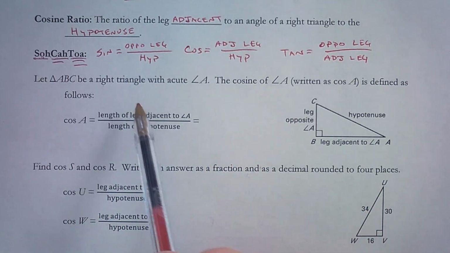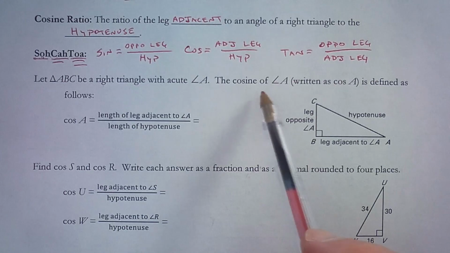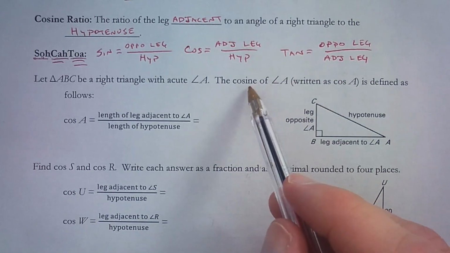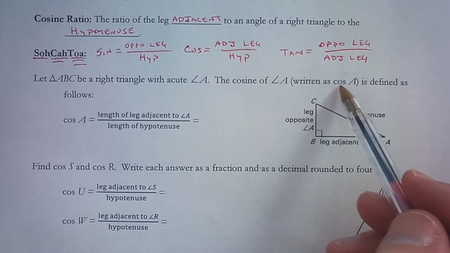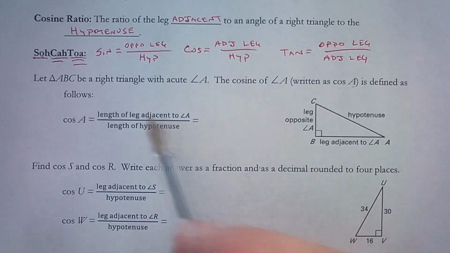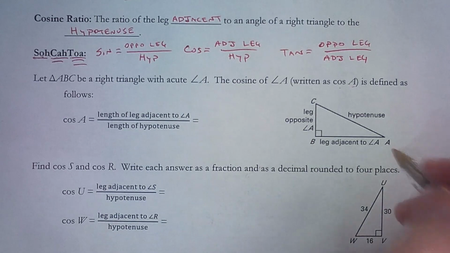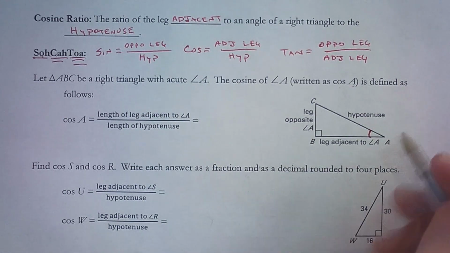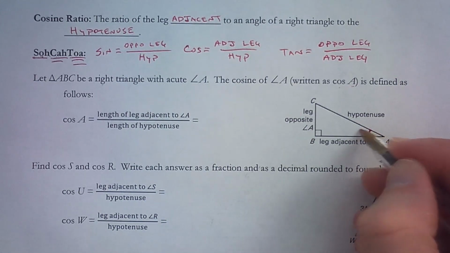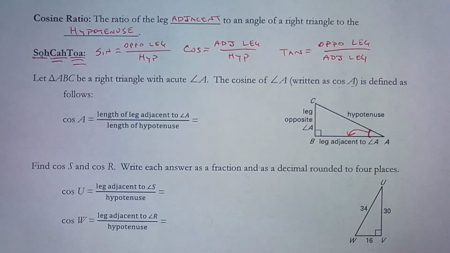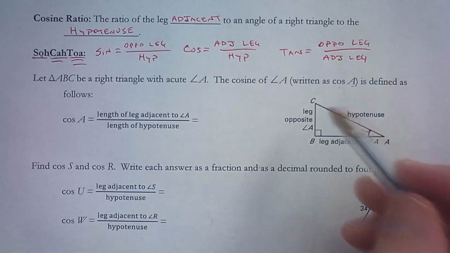Now we are going to learn what the cosine ratio is. Cosine, written COS, cosine A, is defined as the length of the leg adjacent to angle A. Here's angle A. The leg adjacent to that is right here. Remember, in right triangles there are two legs.